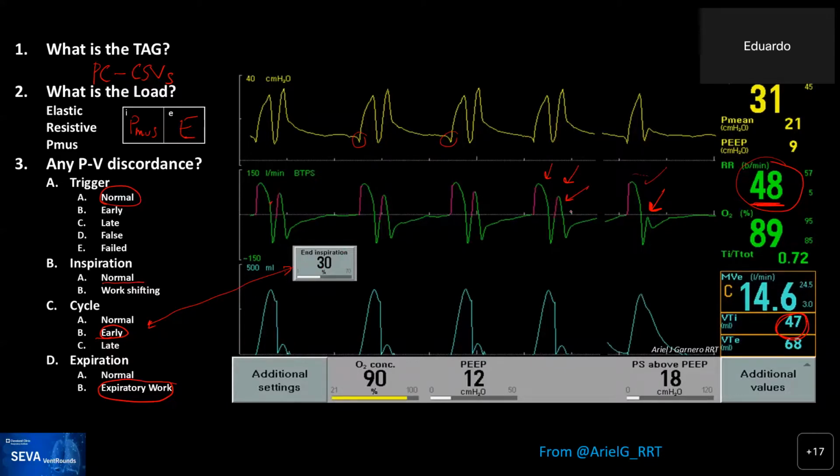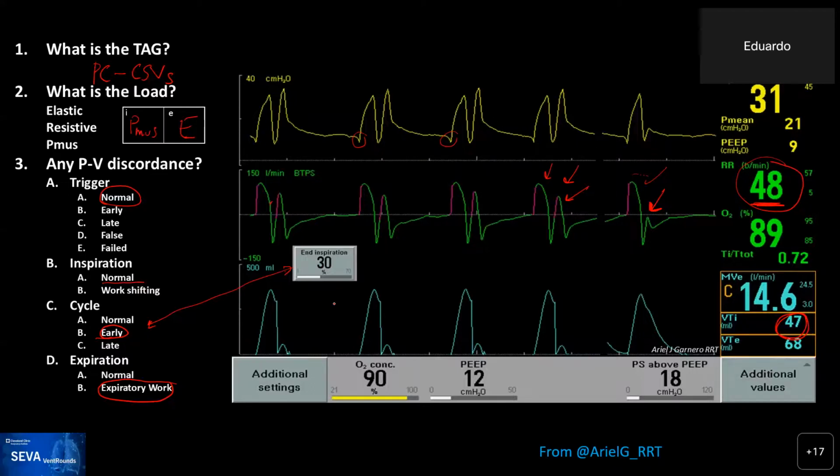Because it's going very fast, the patient exhales and then gets the next breath, and it's just displaying a very tiny breath. So you could potentially make the error of assuming that this patient is breathing very fast and that the patient is getting tiny tidal breaths.